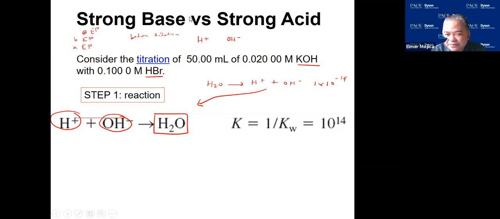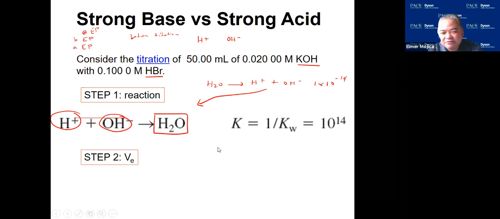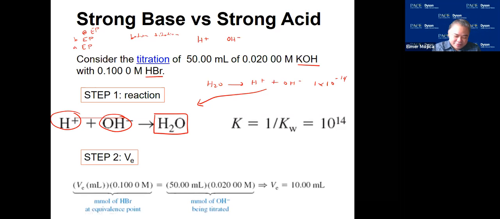Anyone? The first step is to determine the equivalence point, or the volume that is equal to the equivalence point. And in this, we can just use C1V1 equals C2V2.